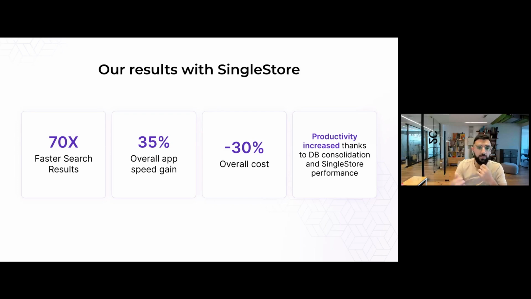And the one that we were most excited about in the mid and long term is the productivity increase, because now our teams just need to worry about one data platform, which is our source of truth, and we can do anything on that data. We don't need to worry about learning new things or new ways of communicating with that data.